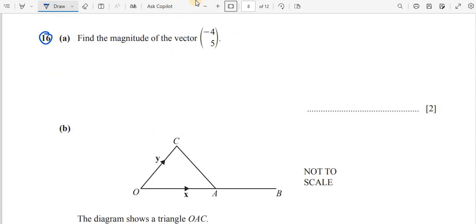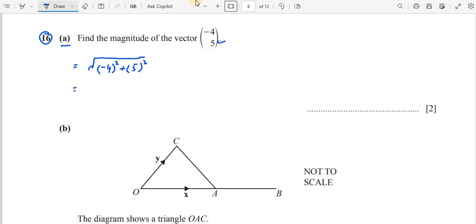Question number 16, part A. Find the magnitude of the vector. Using the formula to find the magnitude, square root of first (minus 4) square plus second 5 square.